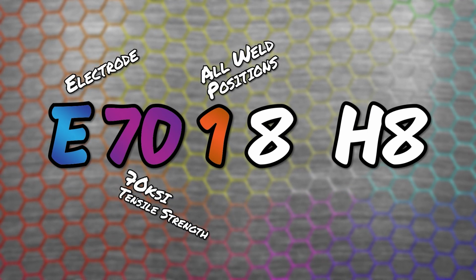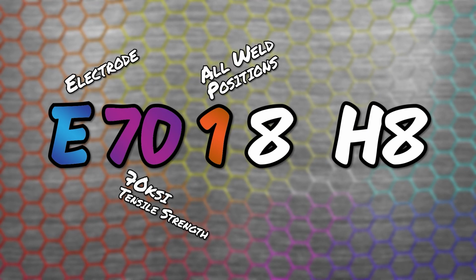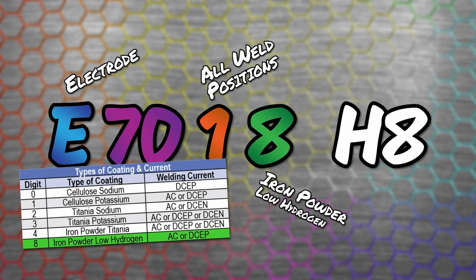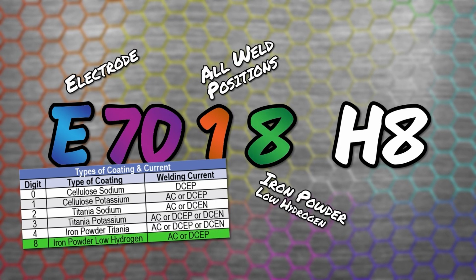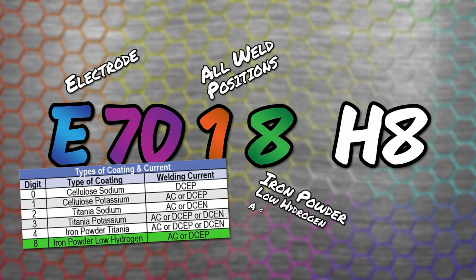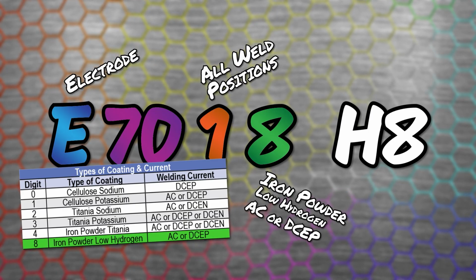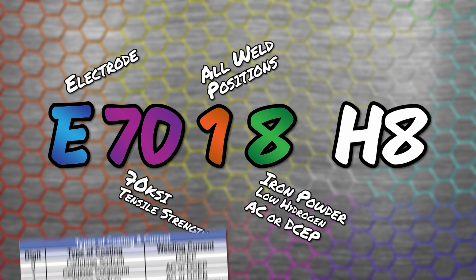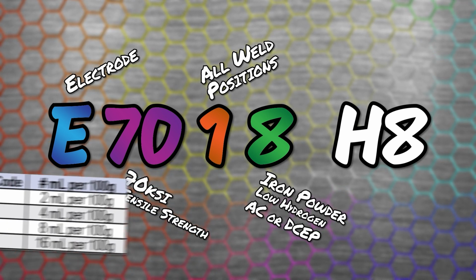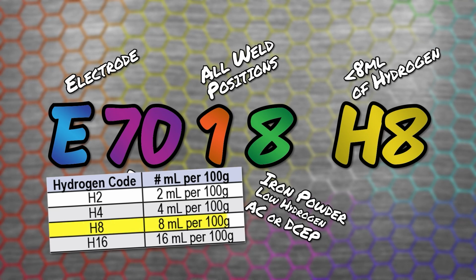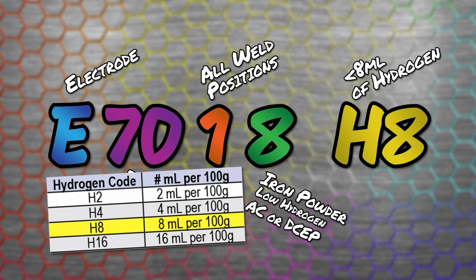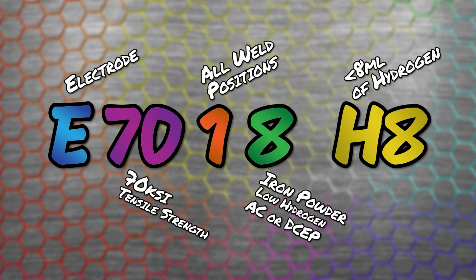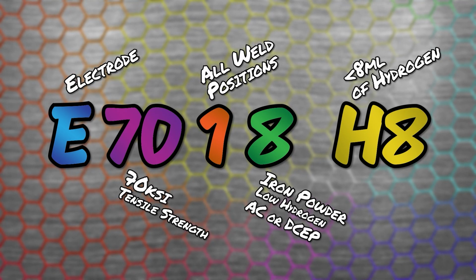The coating and power designator is an 8. So using the lookup chart, we know that this has a low hydrogen iron powder coating and can be run on AC power or DC electrode positive power. Finally, H8 tells us that the hydrogen content is less than 8 ml per 100 grams. Perfect, let's keep on going.